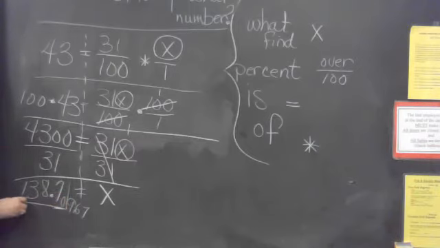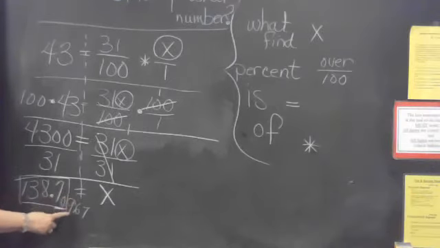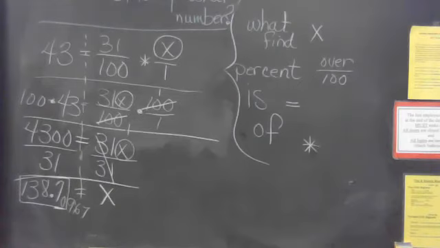Would it be 138.70? Almost, but you always look at the outsider. 138.71. Does this round it up or down? You said 138.71. Yes. This is the answer we want.